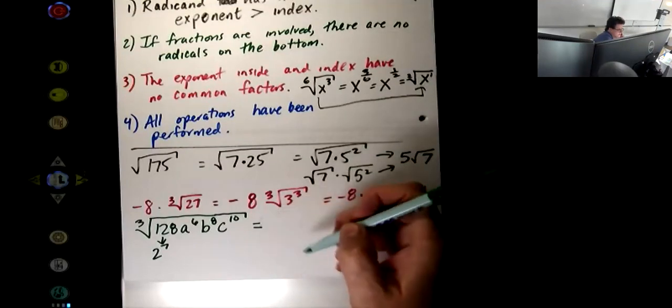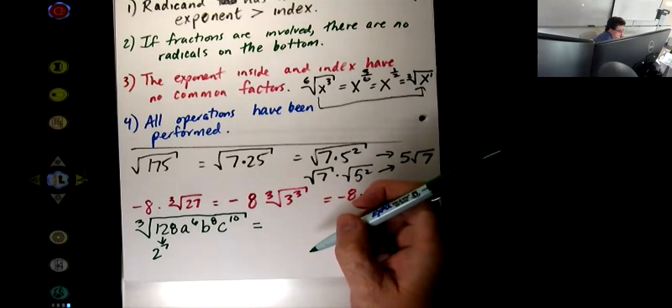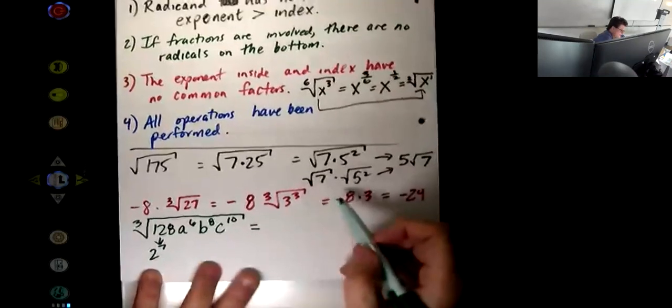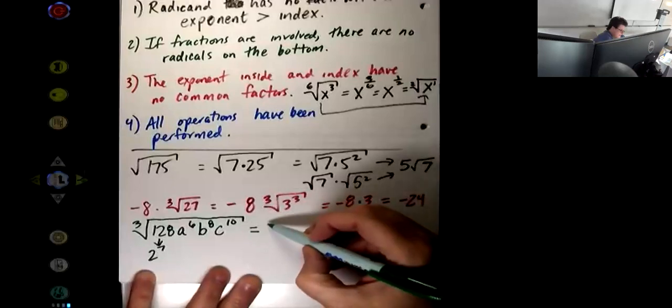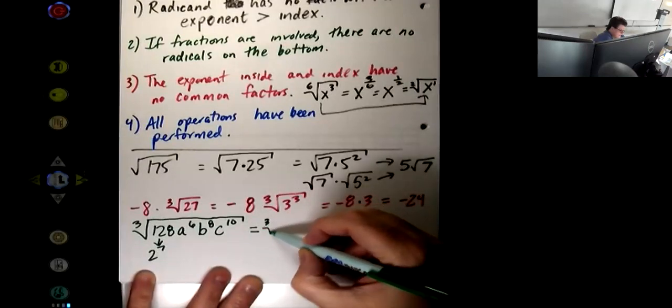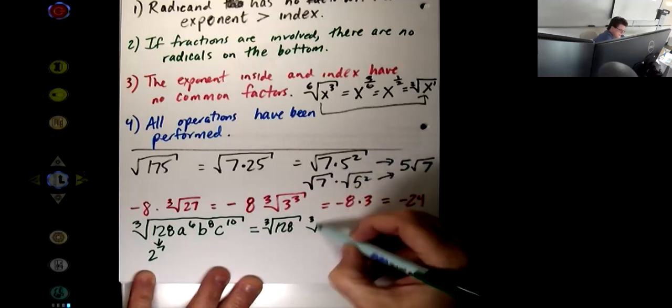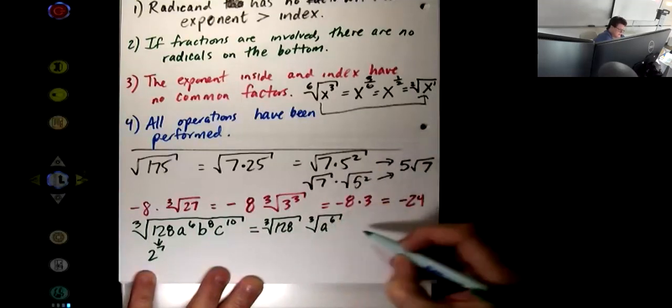So you have some choices. A good way of doing it is breaking it up into the individual things.